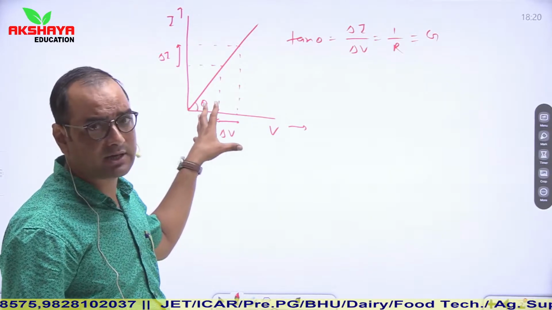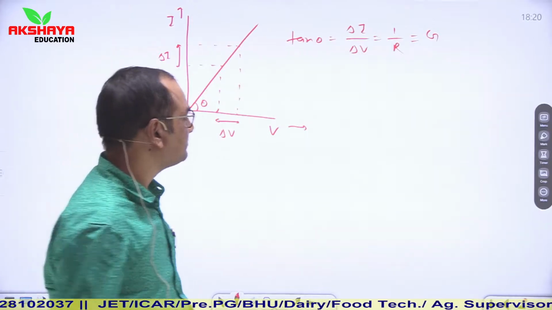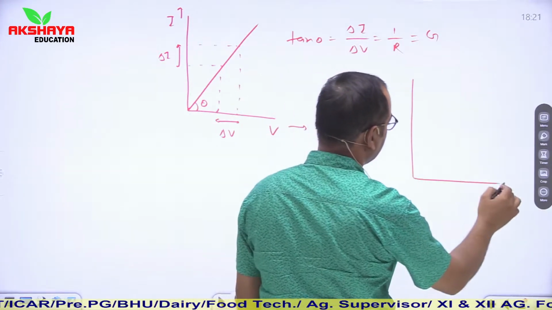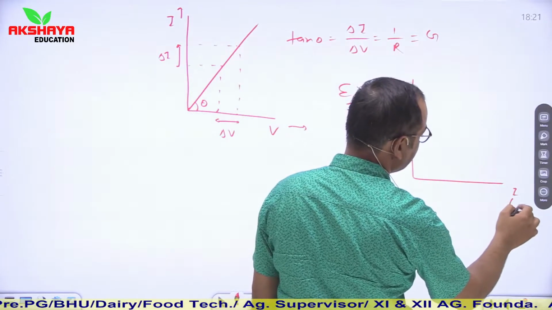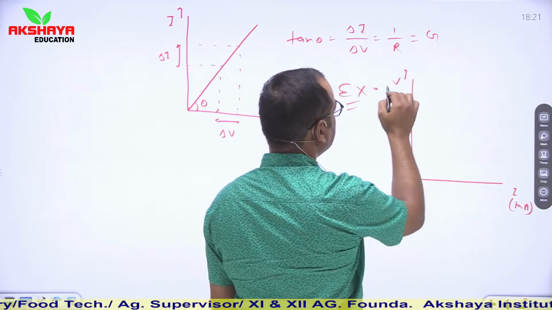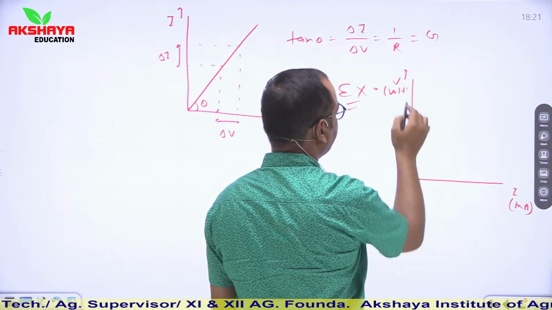So questions are generally asked based on this pattern. If we talk about any simple pattern of question, then let us say here on the x-axis current is given in milliamperes. On the y-axis, let us say potential difference is given in volts.